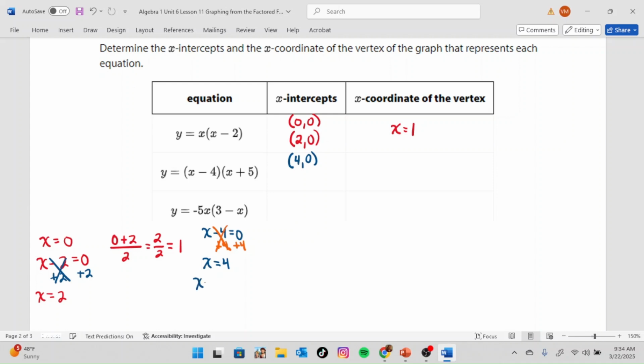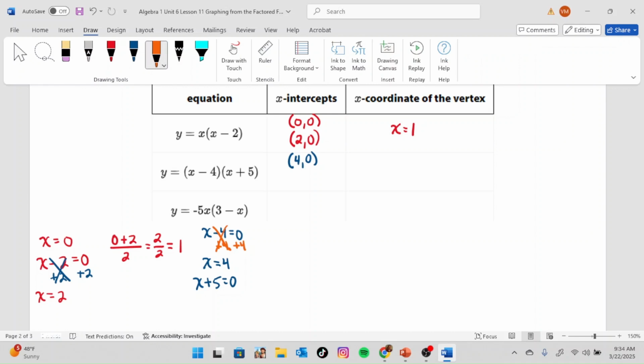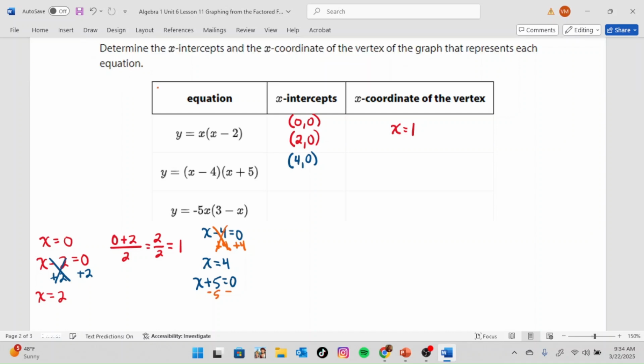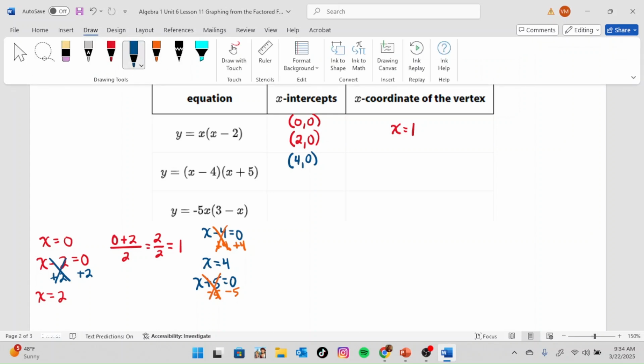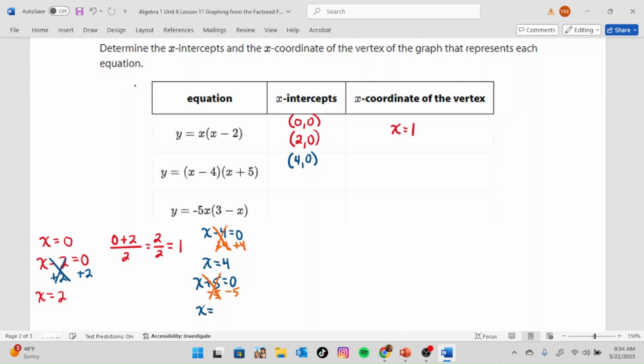Next, we have x plus 5 equals 0. We're going to subtract 5 from both sides, and this gives us x equals negative 5. So our other x-intercept is at negative 5, 0.